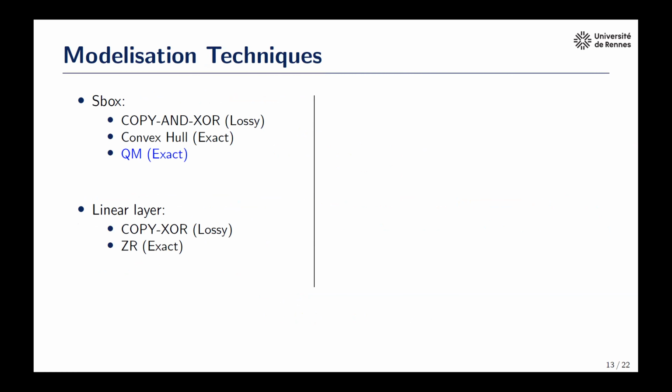So we improved this Quinn-McCluskey algorithm to compute valid transitions through any Boolean function, but actually it works for S-boxes, and this is the use case.